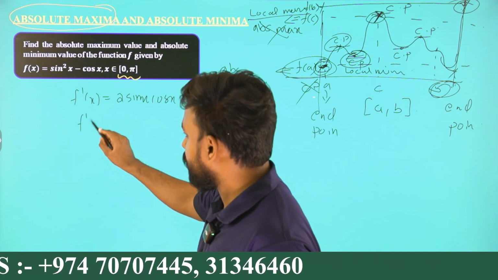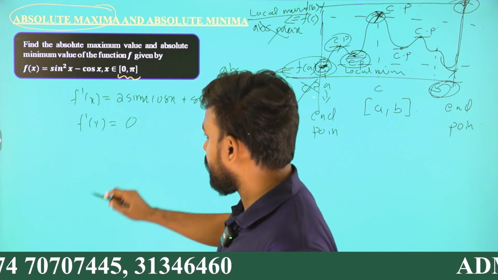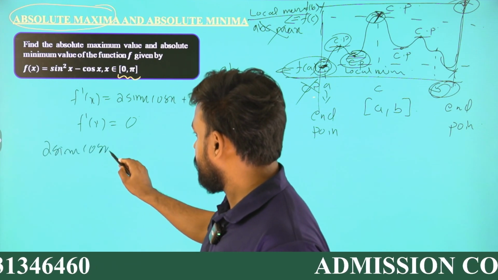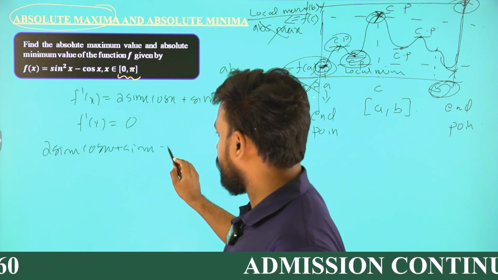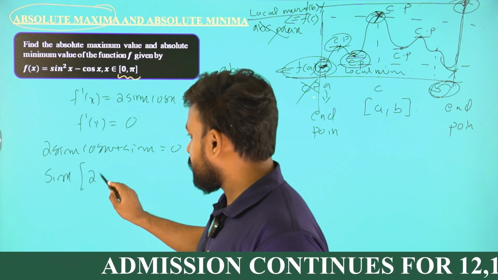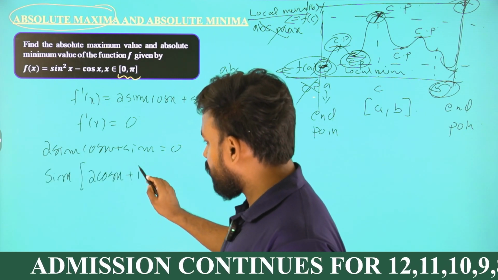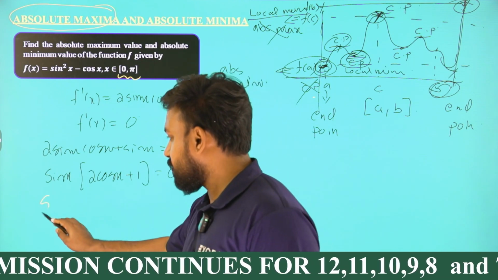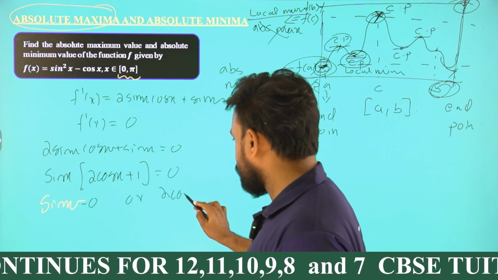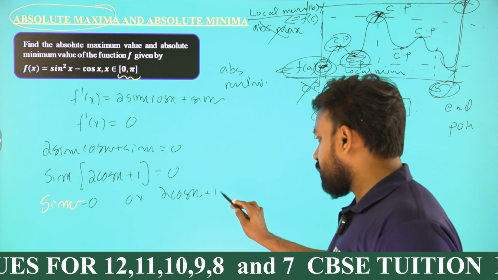So f dash of x equals 0 at a critical point. So 2 sin x cos x plus sin x equals 0. You can take the sin x out, so you will get 2 cos x plus 1 equal to 0. So you may get sin x equal to 0, or 2 cos x plus 1 equal to 0.